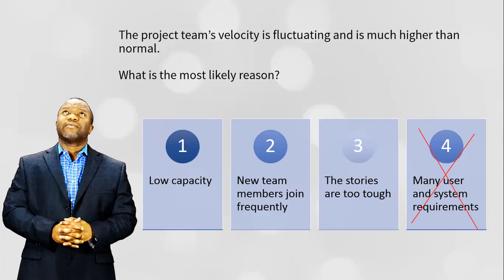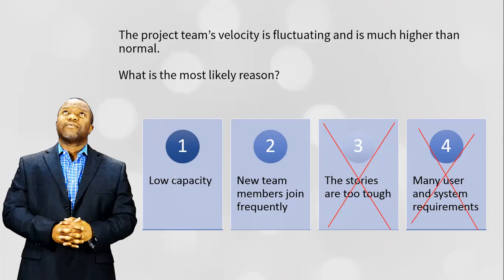So that already will eliminate your doubt, because if you're saying the project team's velocity is fluctuating, then it could be either 1 or 2. But the moment we narrow it down and say it's fluctuating and is much higher, it can't be because the stories are tough, right? If the stories were tough, the velocity would be lower.